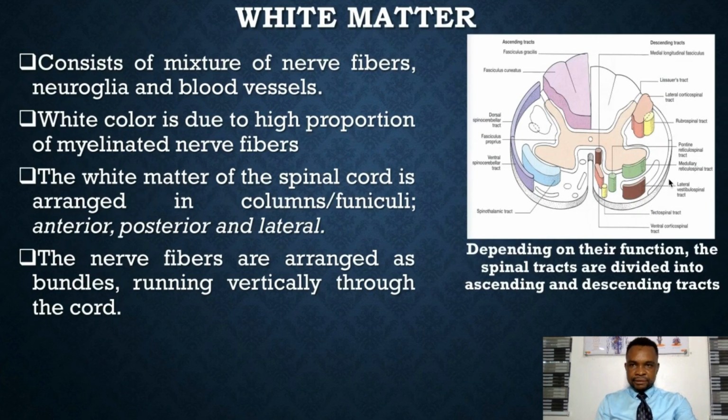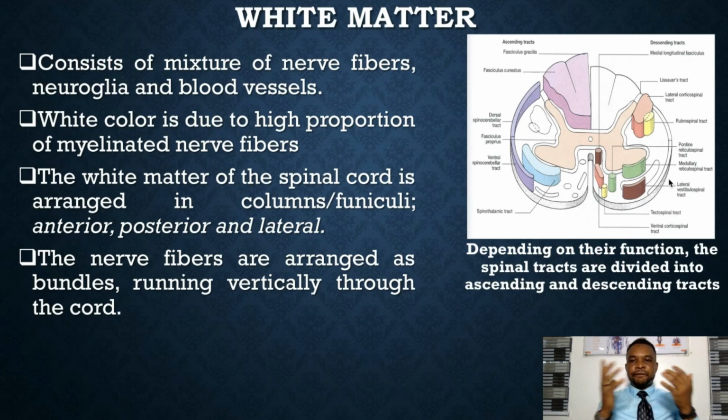Now, coming to the white matter of the spinal cord. The white matter of the spinal cord consists of a mixture of nerve fibers, neuroglia, and blood cells. White color, you can see that in this part of the spinal cord there is a high proportion of myelinated nerve fibers.